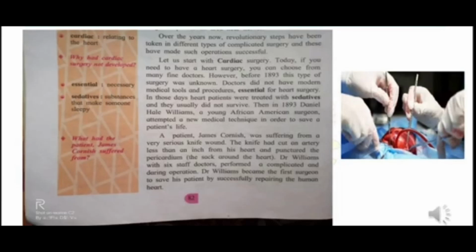It was Dr. Williams who made it possible for James Cornish to survive and live longer. So we see that over the period of time, even though there were no facilities, some people who were interested and who studied came up and tried to save many lives.